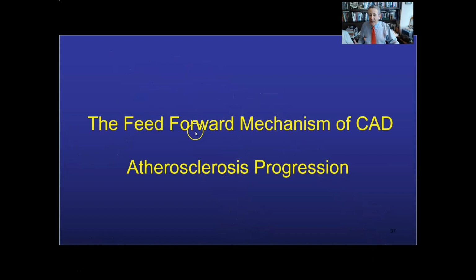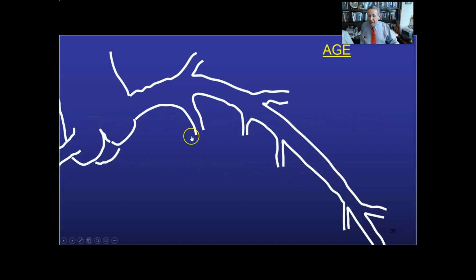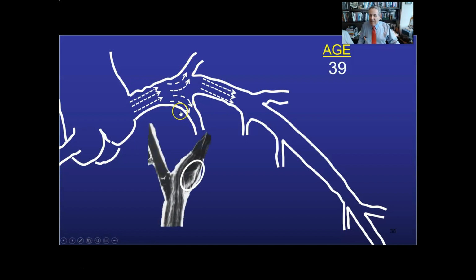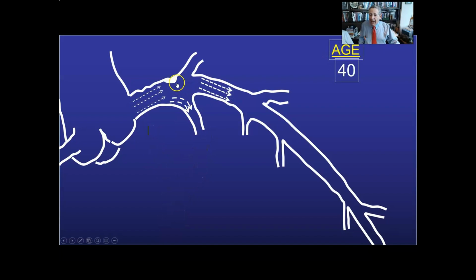So here's how the feed-forward mechanism occurs. We're starting with a 35-year-old, first all laminar flow. But here's where you go around curves. You get more atherogenesis, just like in the carotid, and you develop plaque. Once you develop plaque here, then you disturb flow, and the disturbed flow feeds further down the vessel.